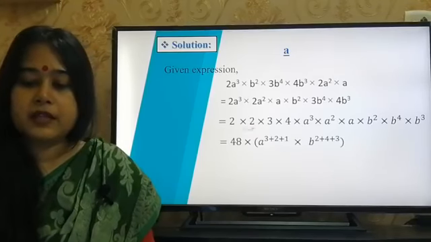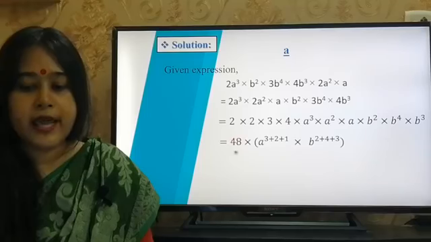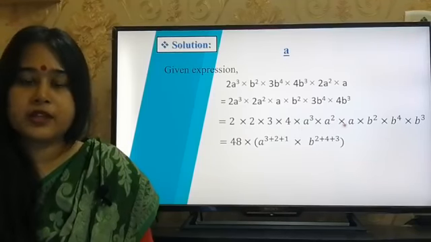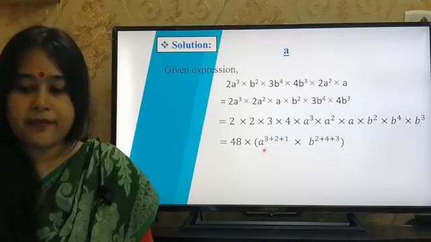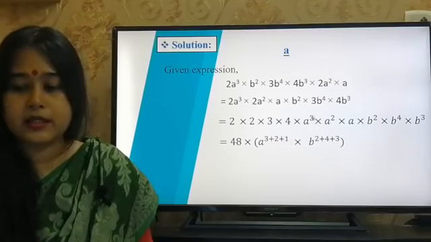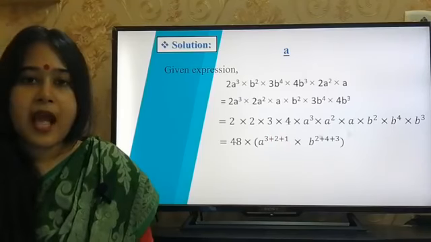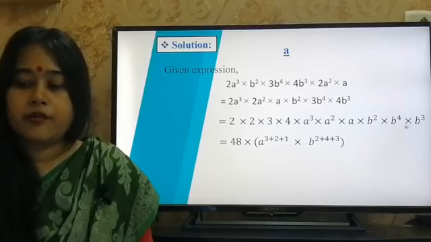If we multiply 2 into 2 into 3 into 4, we get 48. After this we have the exponents with the same base, that is a. So we write a one time and add the powers, that is 3 plus 2 plus 1. And here we have the exponents of base b.